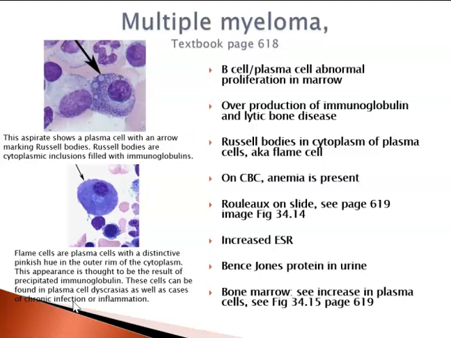These cells can be found in plasma cells, and on the CBC, usually these patients present to be anemic. Also, in multiple myeloma patients, you may see Rouleaux on the slide. The ESR tends to be increased. This is due to abnormality of high levels of proteins and increased inflammation.